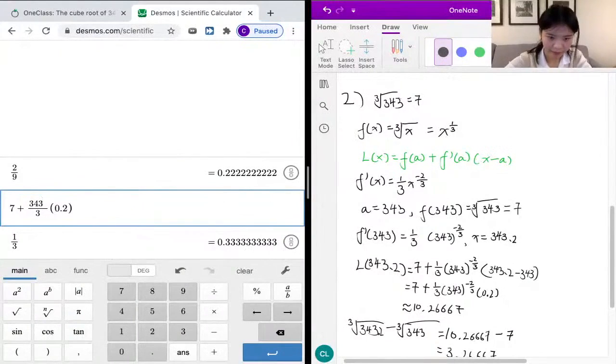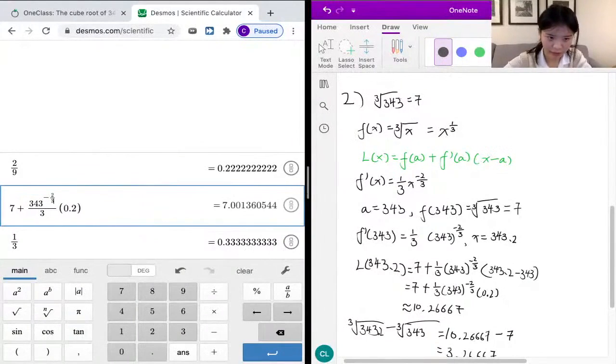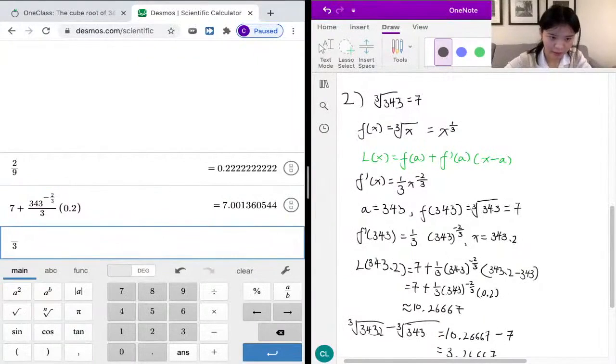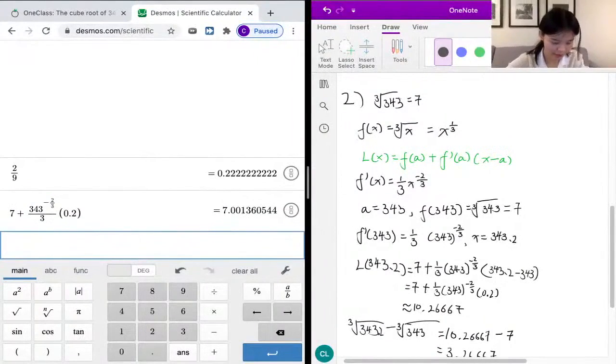Oopsie. Okay, negative 2 over 3. And let's fix, you know what, let's fix our answer first, and then let's fix their answer.